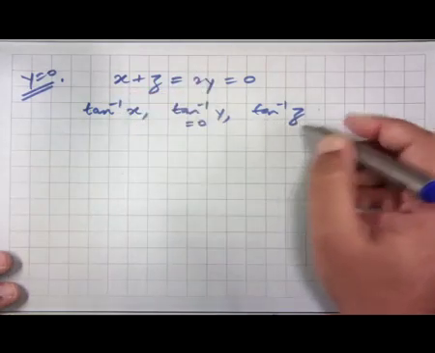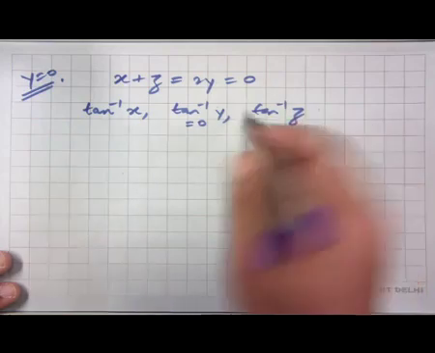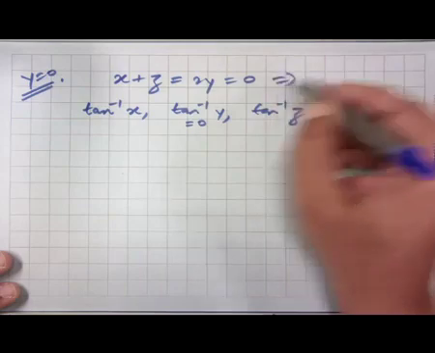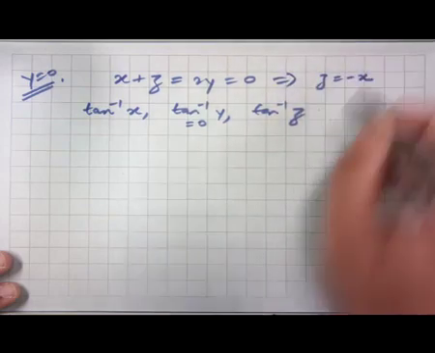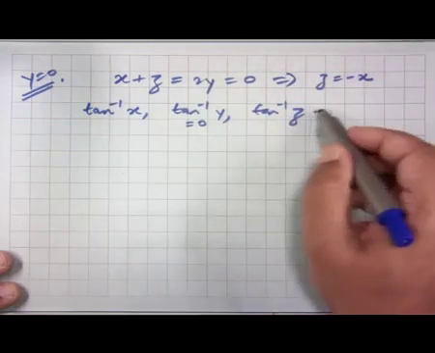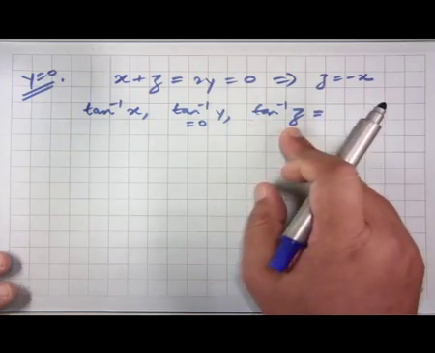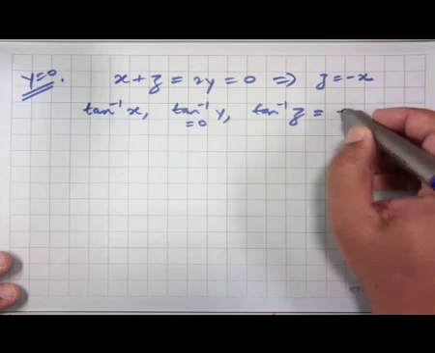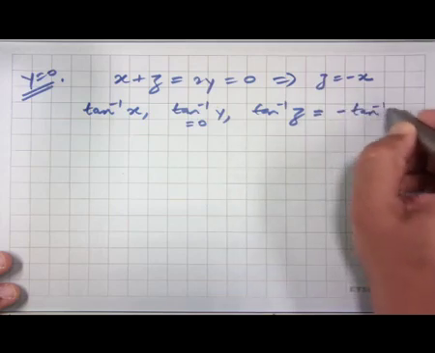So, for this case, since z is equal to minus x, this third tan inverse of z becomes equal to tan inverse of minus x, which is minus of tan inverse of x.